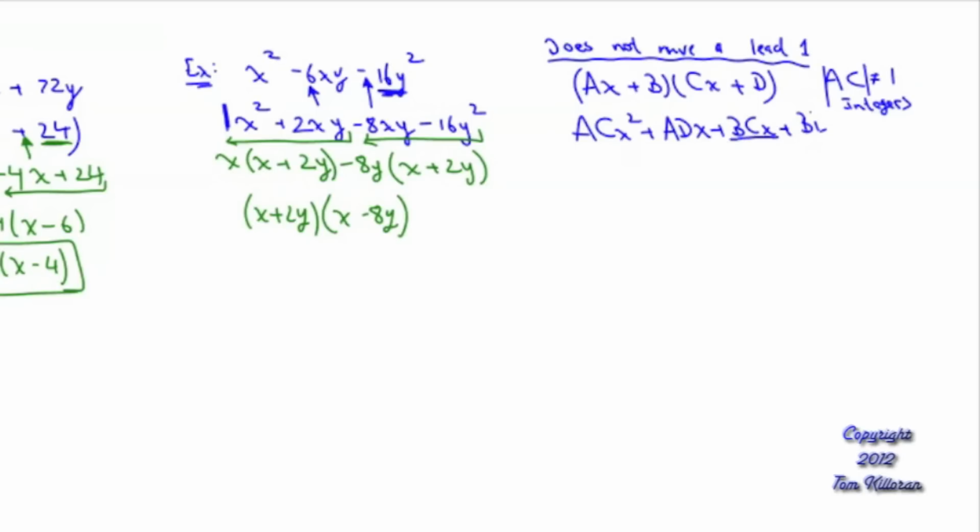Can I combine the middle two terms? No. Why not? They have a common factor. Kick out the x, what's left behind? AD plus BC. So, before it was, factors of the last number that add or subtract up to the middle number. Here, if I concentrate on the last number, is that going to give me all the numbers I need for the middle number?